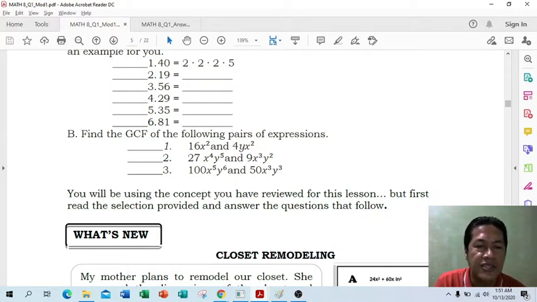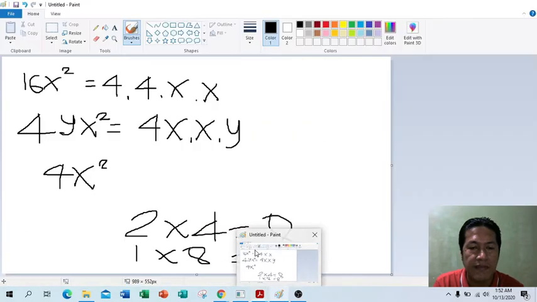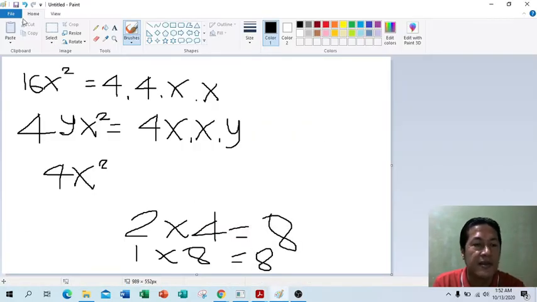Letter B. Find the GCF of the following pairs of expressions. Remember what GCF is? Greatest common factor, the biggest. So, what are the factors of 16x squared? 16x is 8 times 2x, or 4 times 4x. The factors of 16x squared are 4 times 4 times x times x.